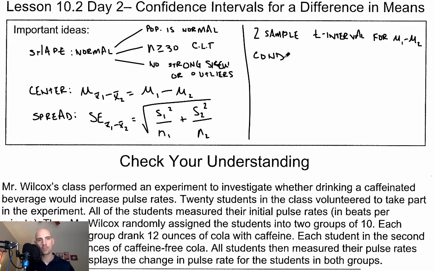Obviously, we need to have our conditions, right? Because we're constructing a confidence interval, we have to make sure we respect those conditions. And our conditions in this case are going to be normal, random, and our 10%. So those are our conditions.